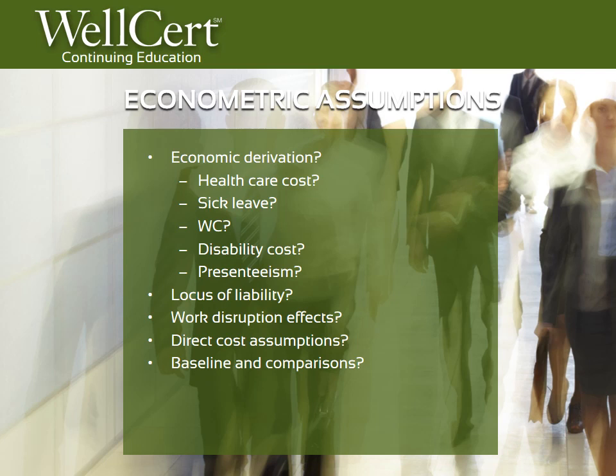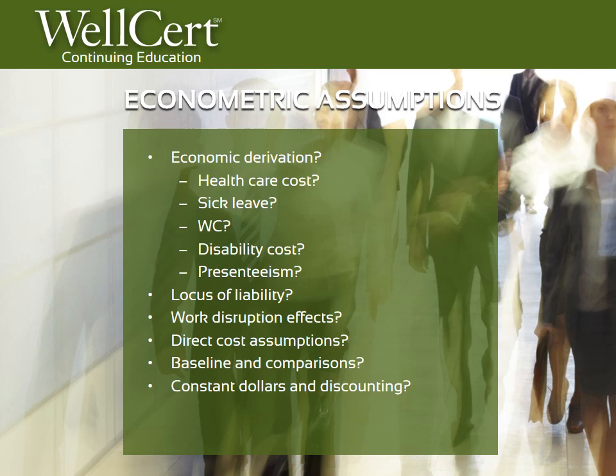In addition, I may have some econometric assumptions about the baselines that I'm using. What years are our baselines? Do I want to use one or more years in terms of forming that baseline? And what are my comparison points? How am I looking at the metrics which have to do with these economic return on investment issues, and to what comparison groups am I going to look at the data? Also, whether I want to use constant dollars and or discounting in some form.